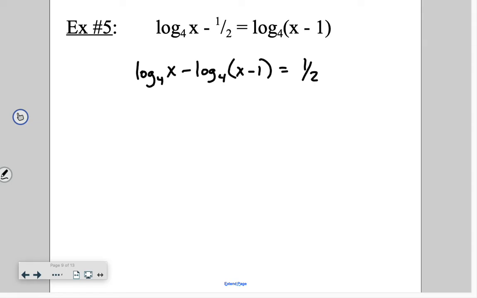Condense the logs. Now that the logs are together, I can condense those 2 logs into 1. That's exactly why I reorganized. So these 2 logs we can put together as the log base 4 of, since you're subtracting, first one's the numerator, second one is the denominator.